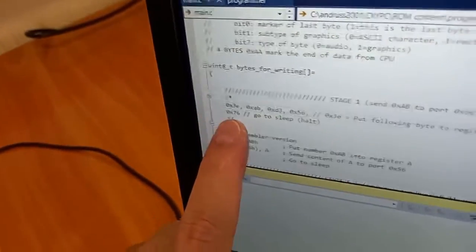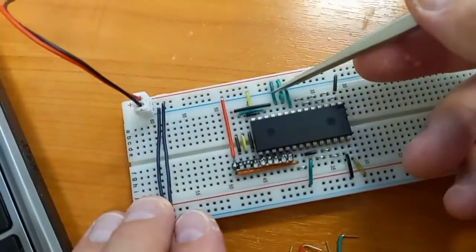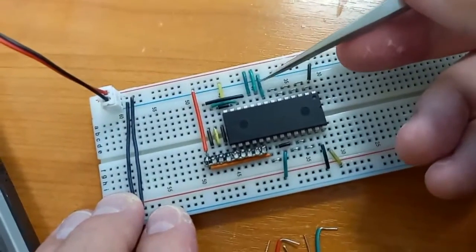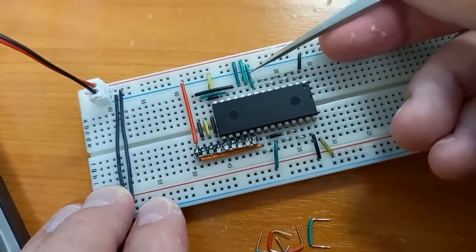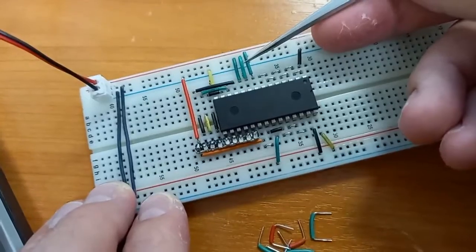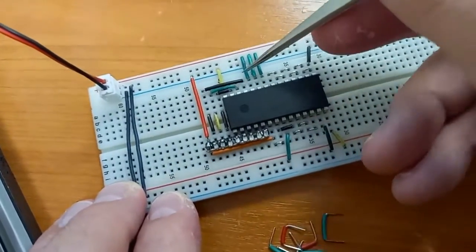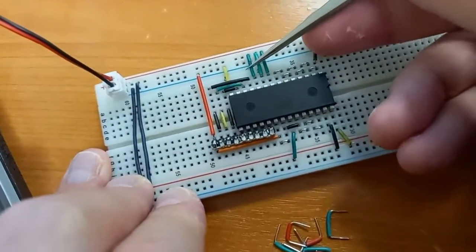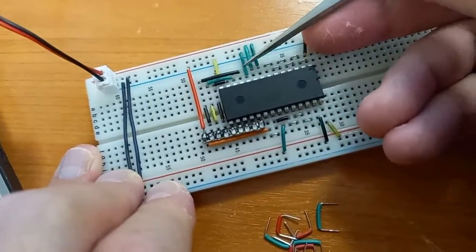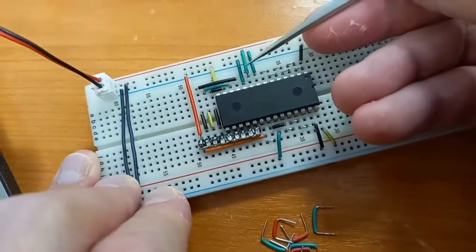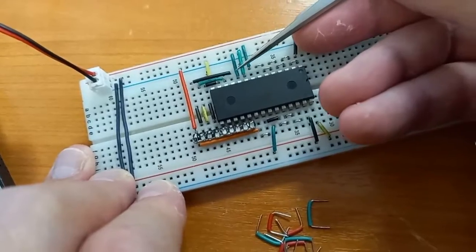So we'll take a look at number 4. Number 4 is 76. Address 4 means A2 we will connect with 1, A0 we will connect with 0, A1 we will connect with 0.